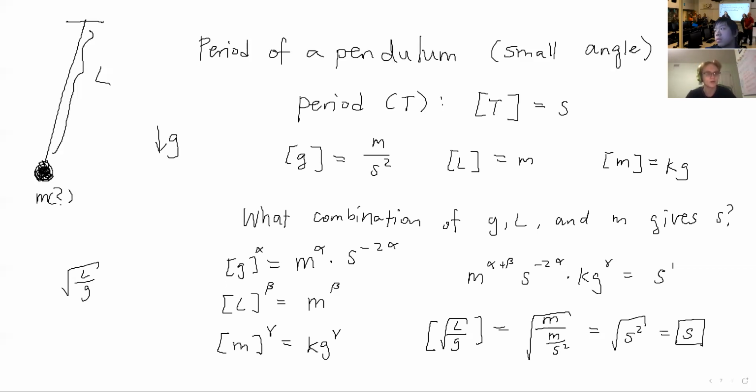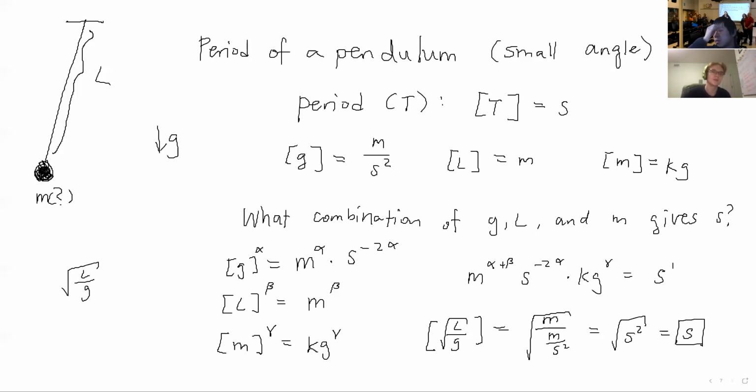Experimentation. Okay, cool. Now, how exactly should we conduct this experiment? We know that the period is proportional to the square root of L over G. So how do we find a constant from that? Test the period with different lengths.